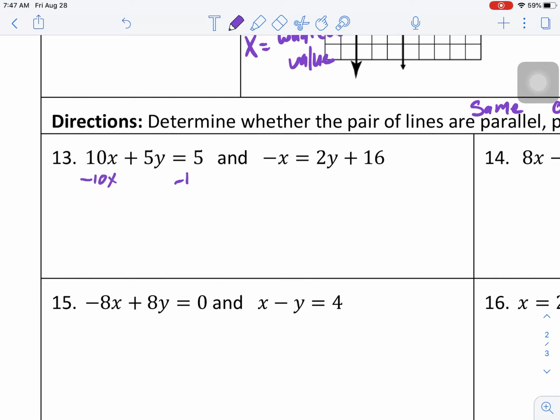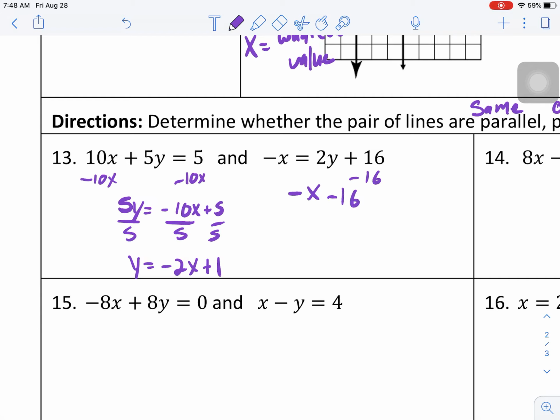You just need to get as far as you need to know what the slope is going to be. So I'm subtracting 10x from both sides, seeing 5y is equal to negative 10x plus 5. You divide by 5. Okay, so we get y is equal to negative 2x plus 1. Well, we have negative 2 there. Let's see what we have on the other side. So if we have negative x, we're subtracting 16, so minus 16 equals 2y.